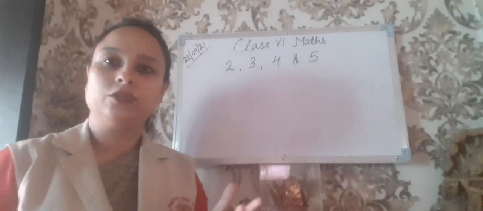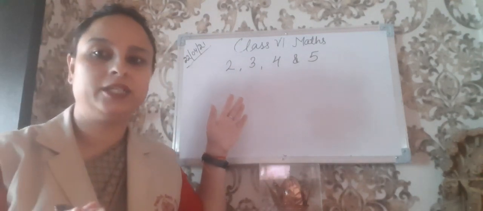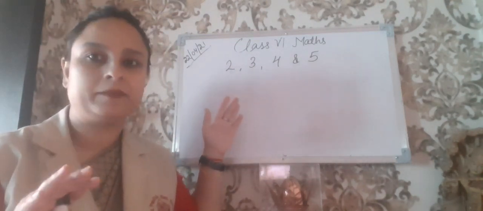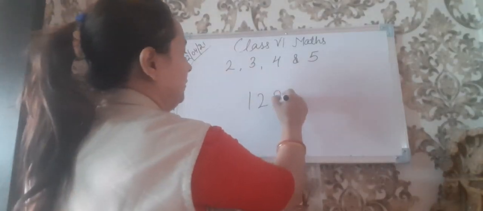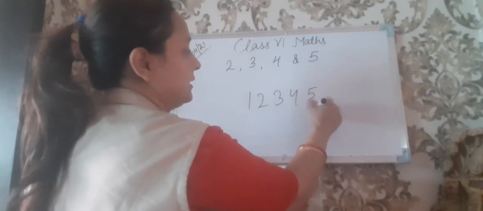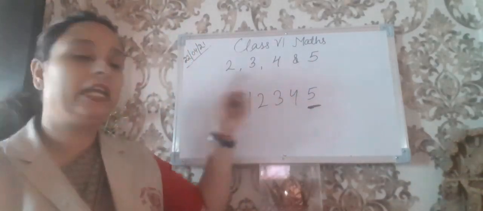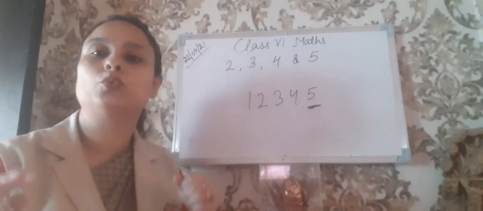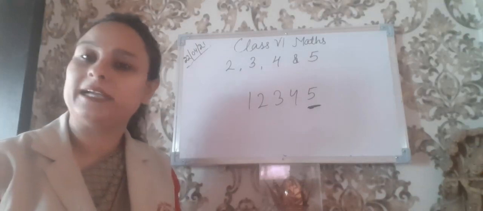We will see the last digit, that is the digit at the units place. So if I look at the last digit, if it is either 0, 2, 4, 6 or 8, then I'll say that my number is divisible by 2.